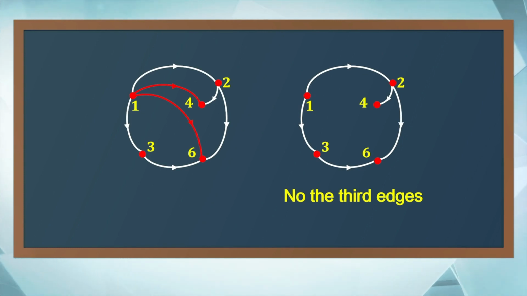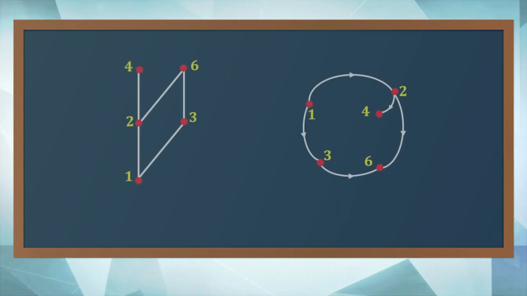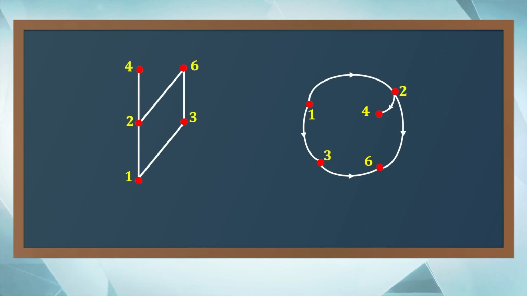What are they? (1,2), (1,3), (2,4), (2,6), (3,6). Finally, we assume that all the edges are pointed upward, as they are drawn in this figure. All edges are pointed upward. We do not have to show the directions of the edges.